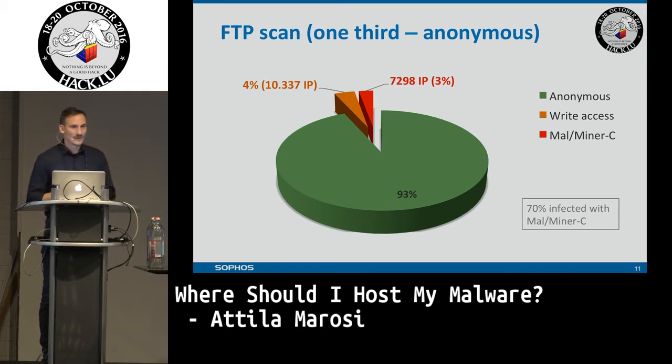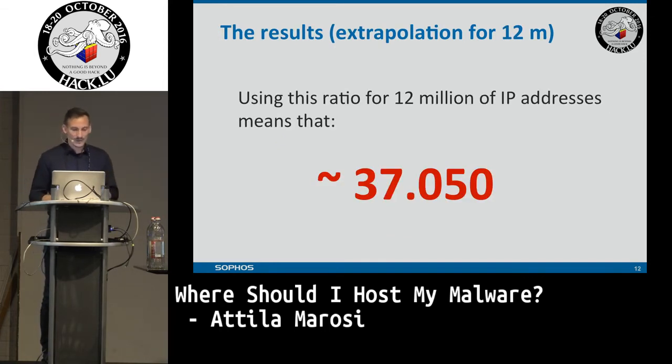That means that if you offer an IP with an FTP service with the ability to write for anyone, it will be written to, and it will be used to host some malware, backdoors or trojans. So if you let them, they will do it. If you use this ratio for the 12 million, that means that roughly 40,000 IP addresses could be used for this purpose, which is a quite big number, I think.